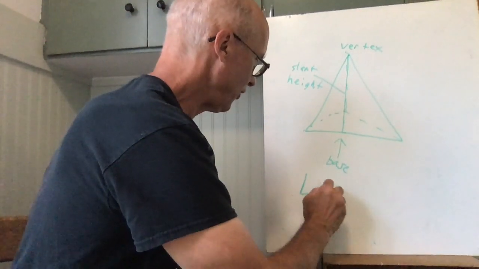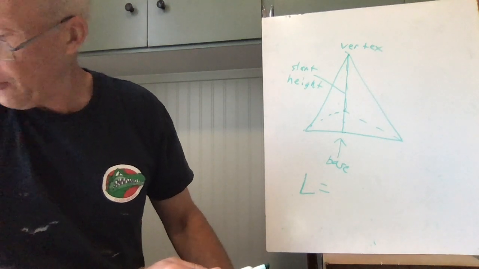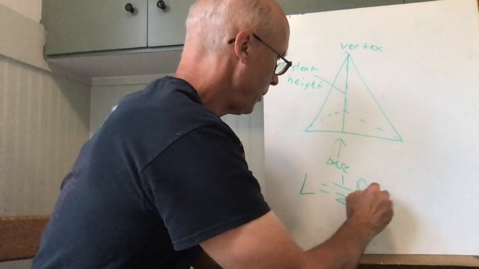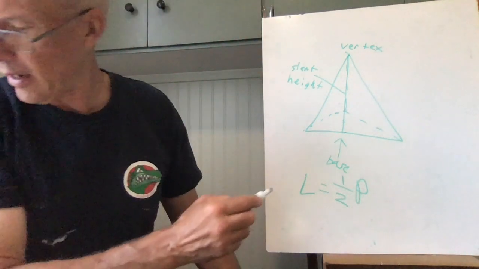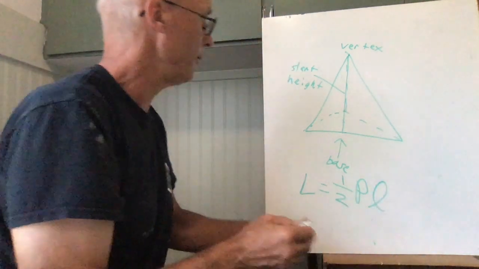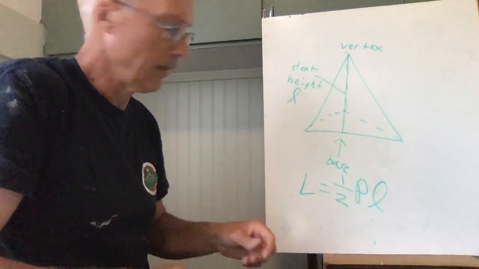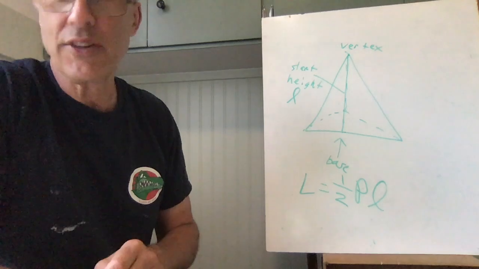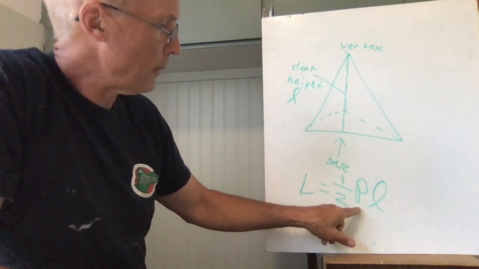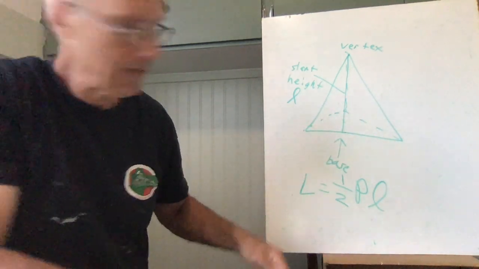The lateral surface area is going to be 1/2 the perimeter times the slant height. 1/2 perimeter times the slant height. And how do they abbreviate that? They just do L. I don't know why. So the slant height is L. If you want to do the entire surface area, it's going to be 1/2 the perimeter times L, but of course now you have to include the base.